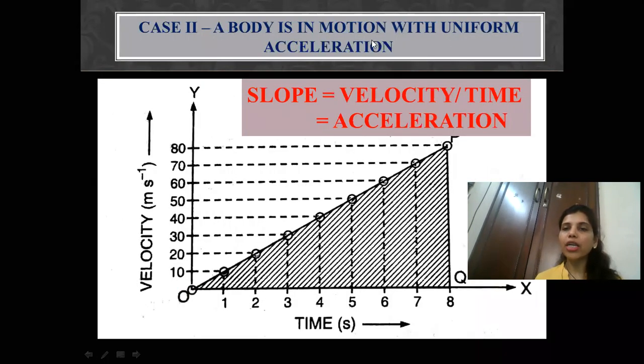When you're going to find out, you will say that the body is moving with uniform acceleration because the value of velocity is changing. But if you find the slope from this particular graph, you will see that the value of acceleration you're going to get same every time. Now, as the value of acceleration you're getting same, so you say that the body is moving with uniform acceleration, but the velocity is changing.